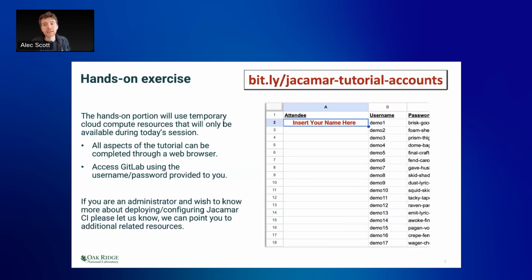So now we're going to get started doing some of the hands-on exercises today. Head over to the link bit.ly/jacamar-tutorial-accounts. There you'll be directed to a Google Sheet, and thanks Paul for posting that in the chat. On the attendee side of things, feel free to just put your name down, and then your username and password are for the GitLab instance.